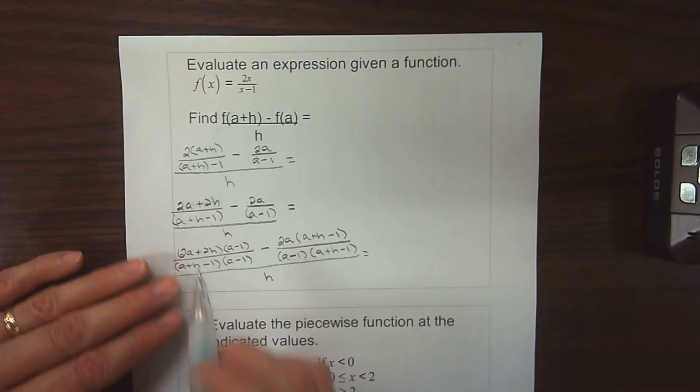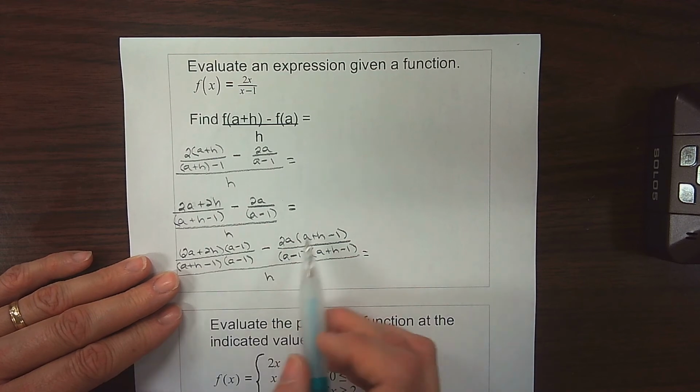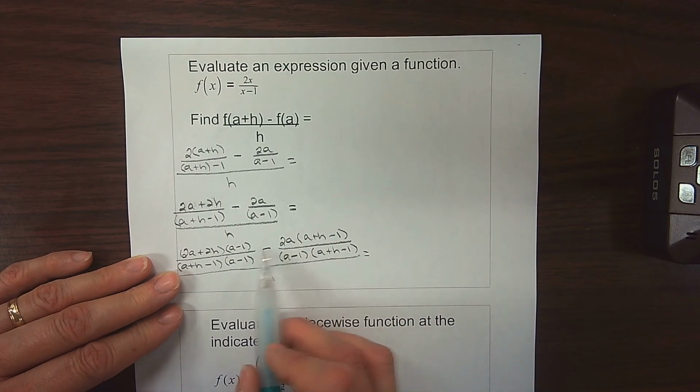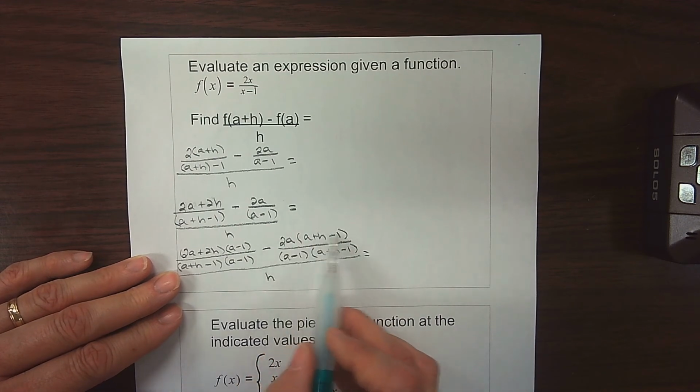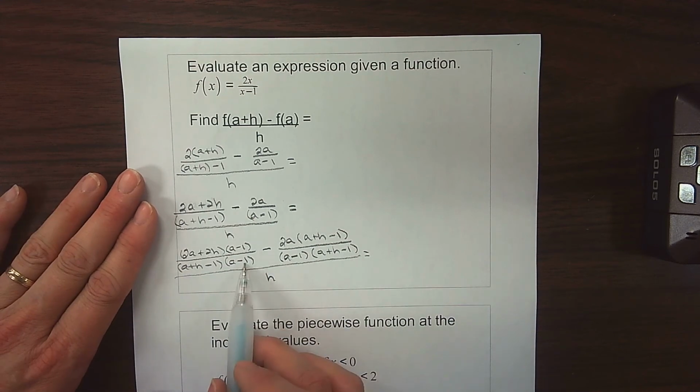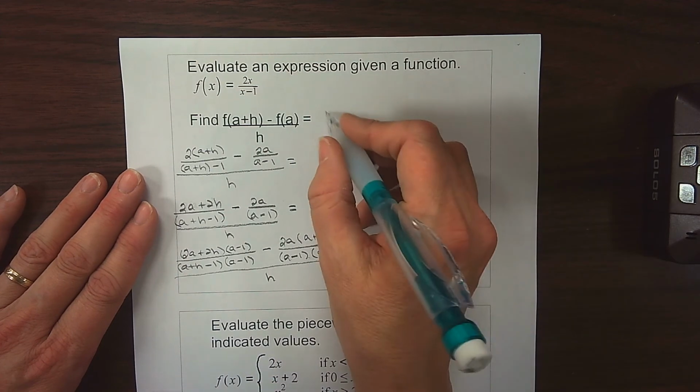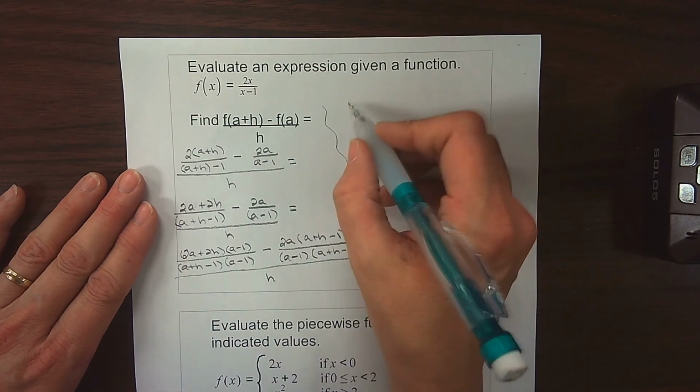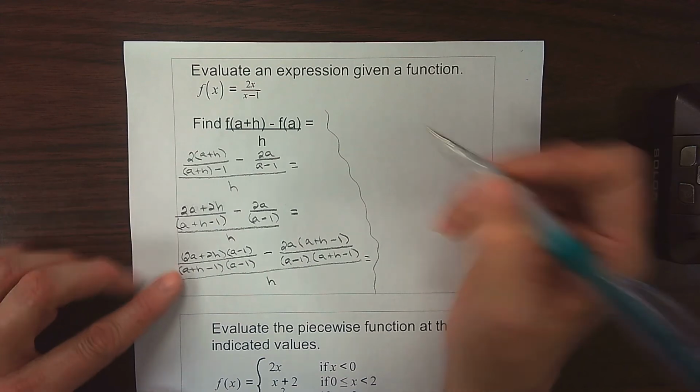All right, now I've got some work to do. I've got to actually multiply together here and distribute not just the 2a, but the negative 2a through each of these terms. And because I've got the common denominator, once I do that subtraction, I'll keep my common denominator. So let me move up over here for space sake.